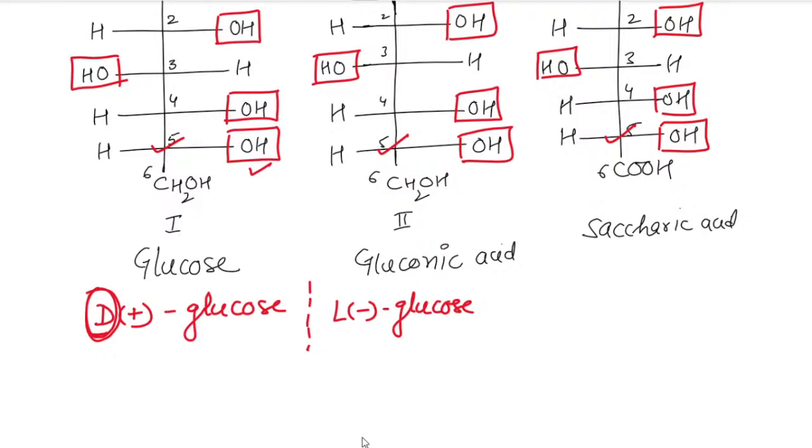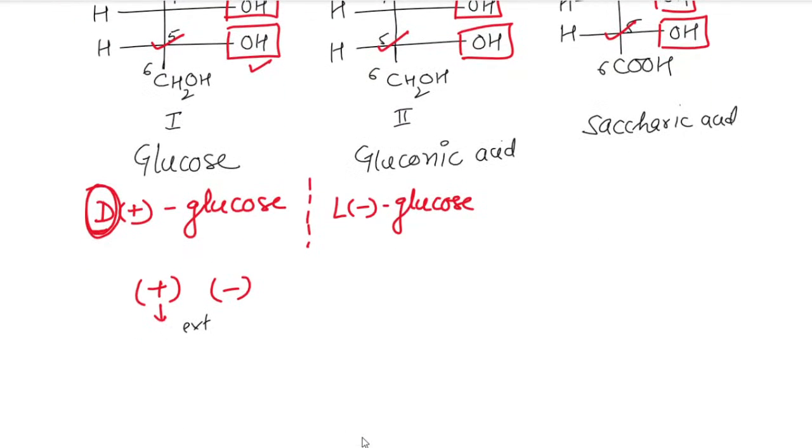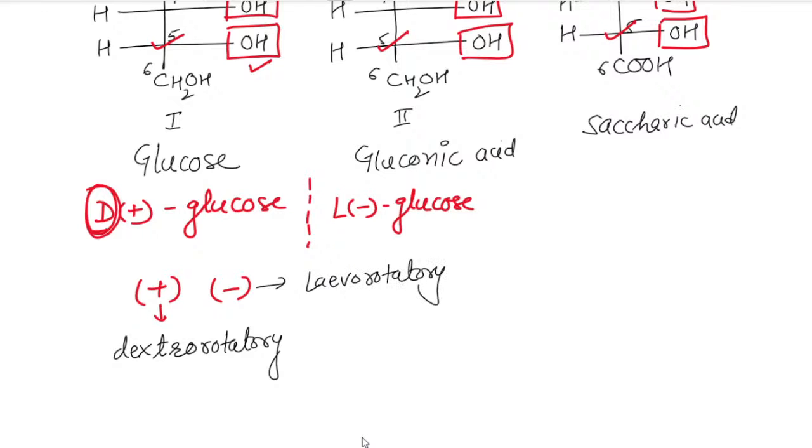No, dextro and levo is different. This plus and minus sign means plus is dextrorotatory and negative means levorotatory. Okay.